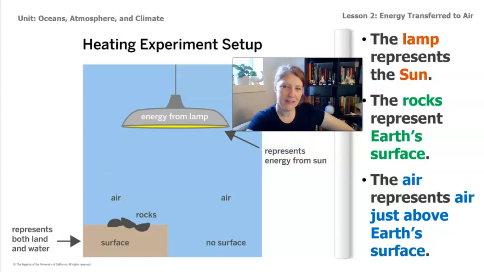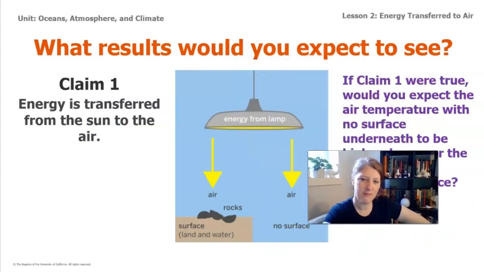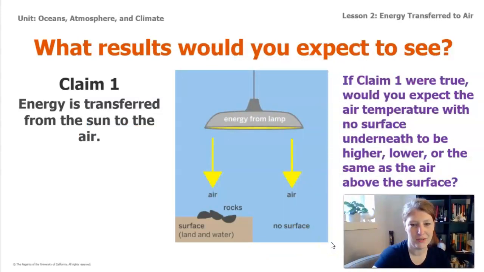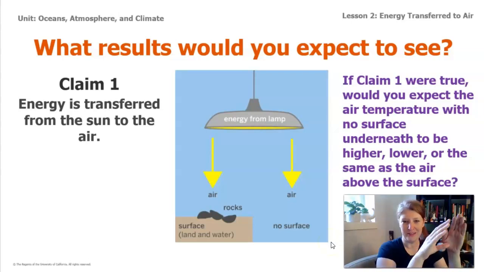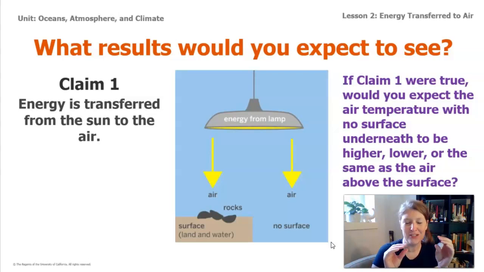So we have the two claims, and claim 1 says that energy is transferred from the sun to the air. So as the energy travels across space from the sun, once it hits Earth's atmosphere, it begins to transfer energy, and the molecules in the atmosphere start speeding up, getting more kinetic energy, and therefore their temperature begins to increase.